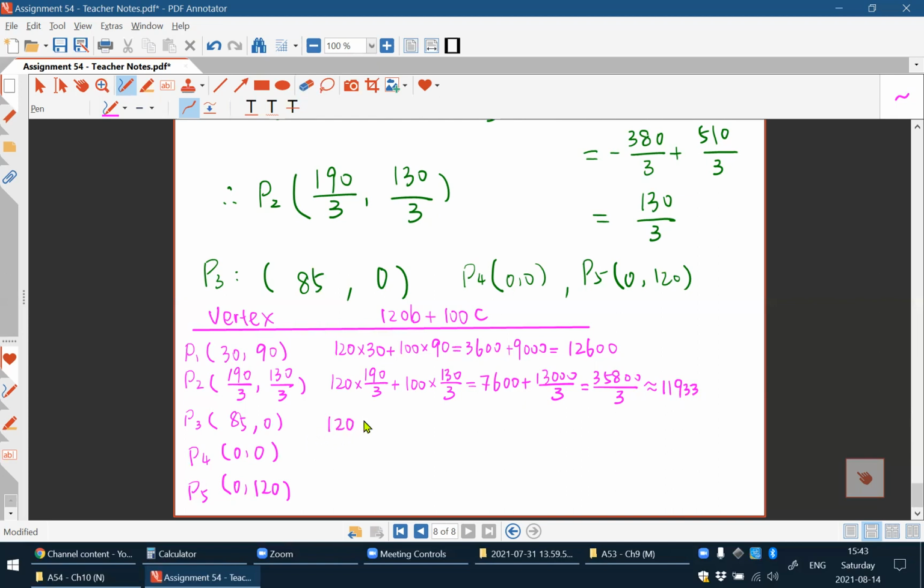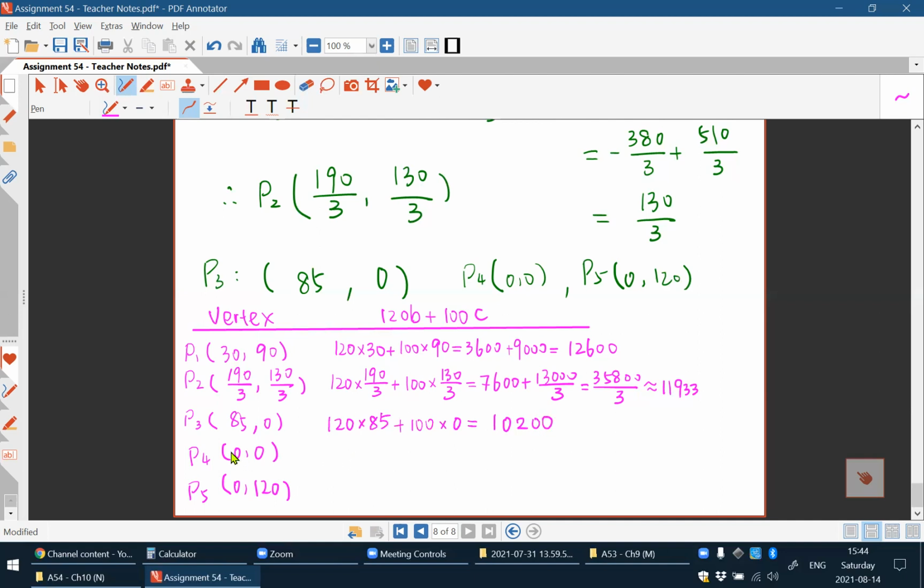Okay, third vertex is 120 times 85 plus 100 times 0, which is 10200.